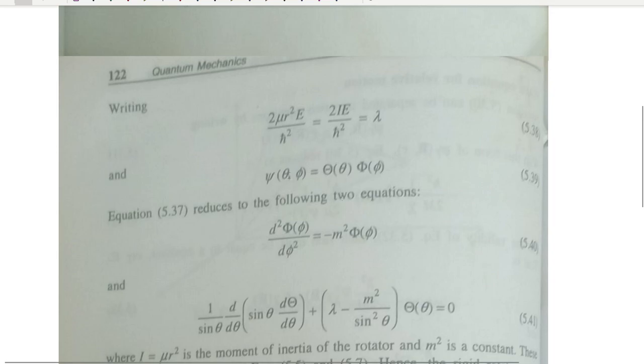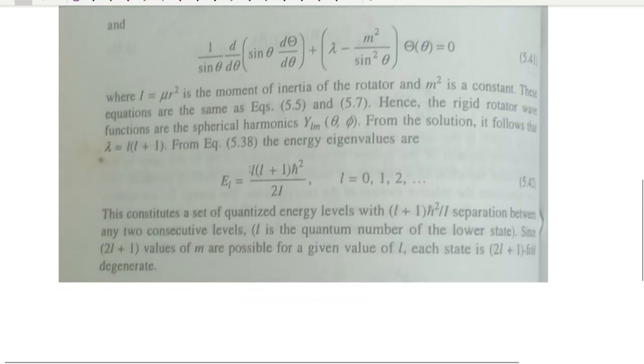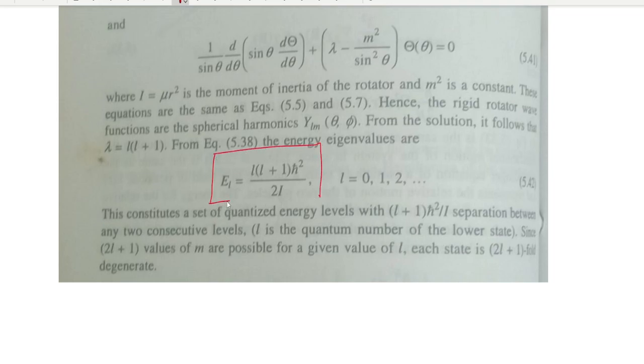Here, theta is one function, phi is another function, and finally they get the eigenvalue equation, the final equation they got. So here we need to solve this problem step by step to achieve this result. Okay, so let's start with the detailed explanation and step-by-step solution.